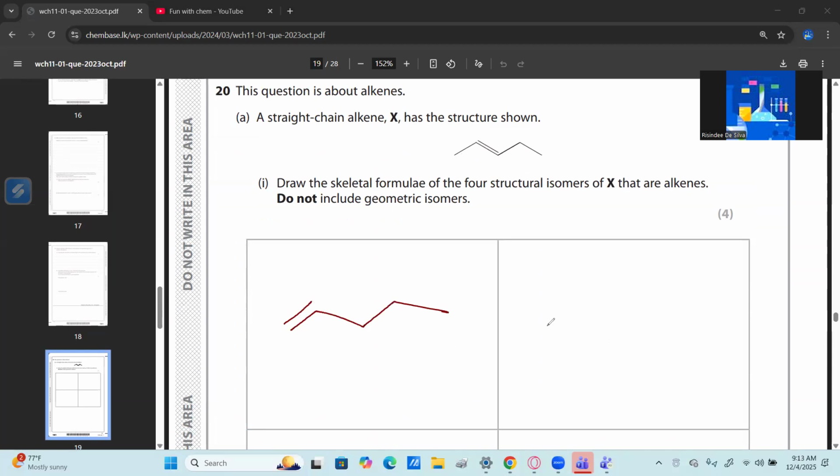Then I can put a branch chain. 1, 2, 3, 4, 5 and a double bond. Another one I can put, 1, 2, 3, 4, 5. I can put branches only. 1, 2, 3, 4.